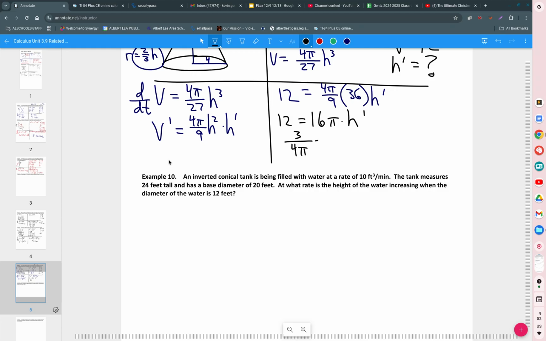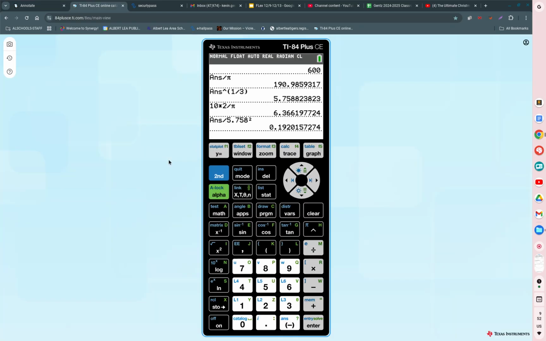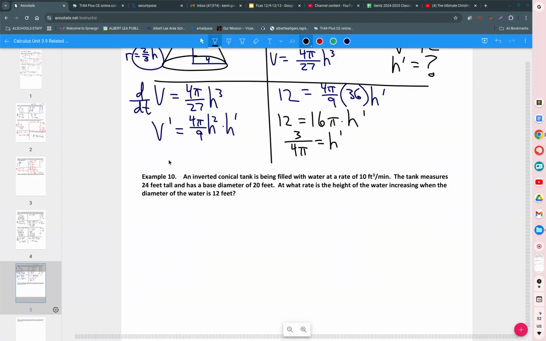Divide by pi as well. So I've got a nice expression in terms of pi. I can also come up with a decimal, which I will. 3 divided by parentheses 4 pi, and I get 0.238.